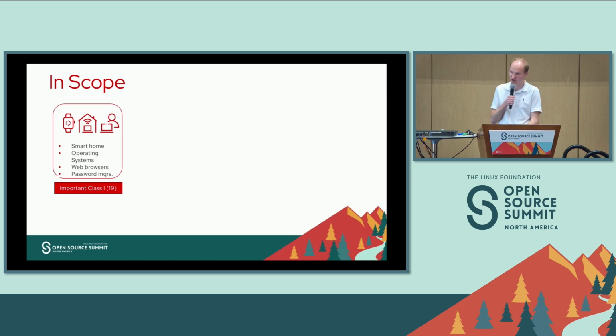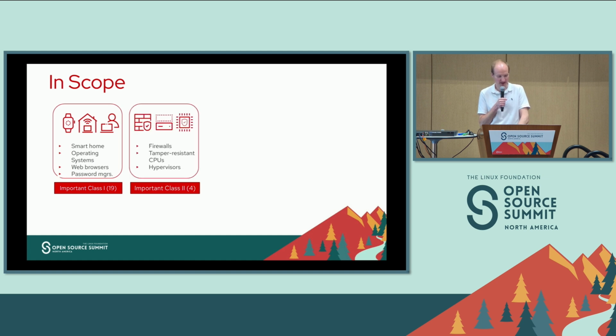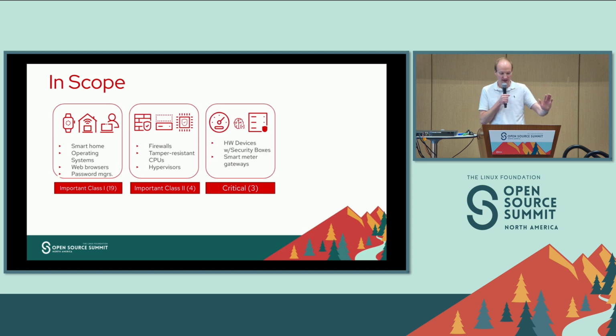They are definitely in scope of the Cyber Resilience Act. Now, important class 2 types, for example, firewalls, tamper-resistant CPUs, hypervisors, they are definitely in scope. Now, the critical class, hardware devices with security boxes, smart meter gateways, for example, so they are in scope.